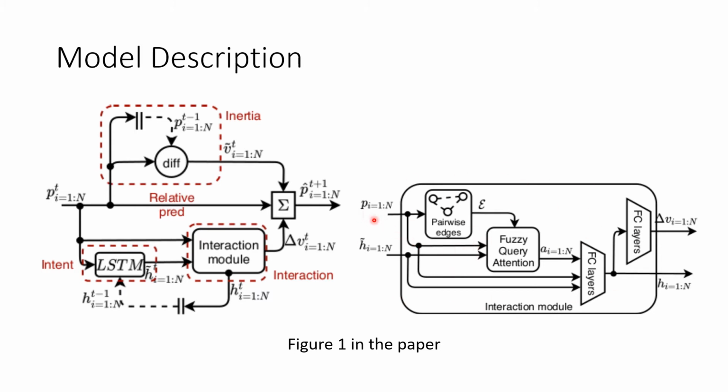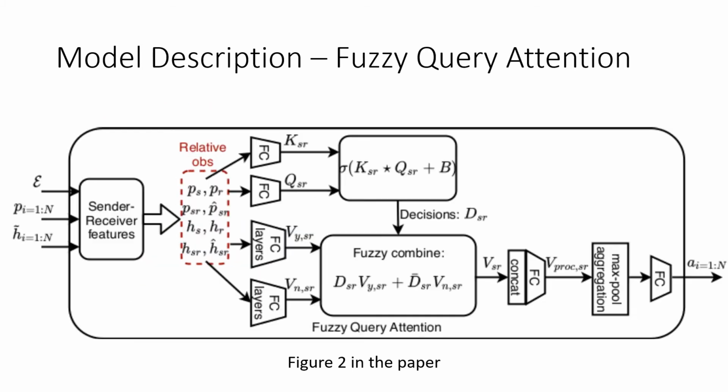It has as an input the position for each agent and the state for each agent. It first calculates the graph between the different vehicles or different nodes in the agents. So the input here is the graph, the position and state of each node in the graph.